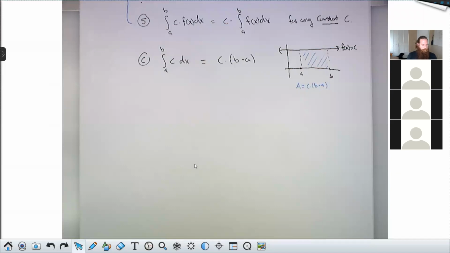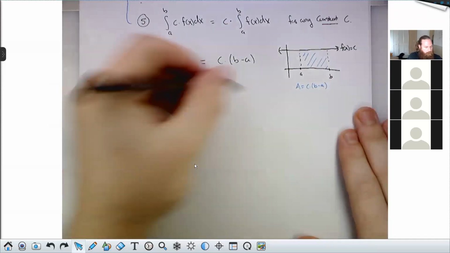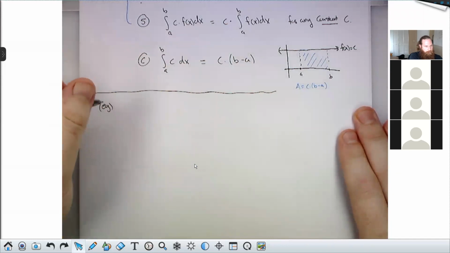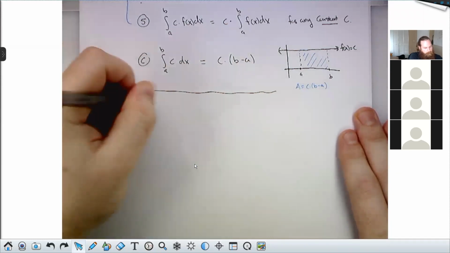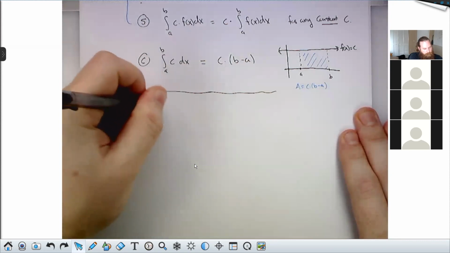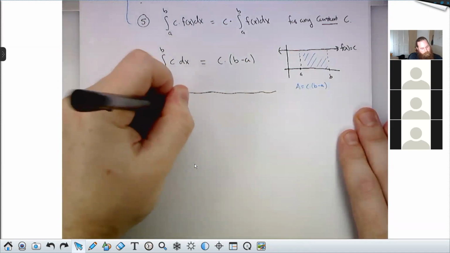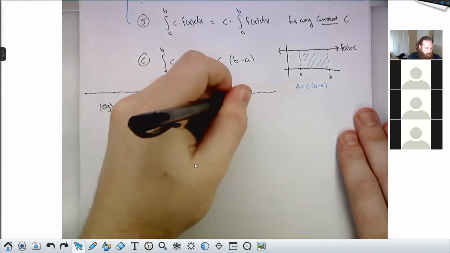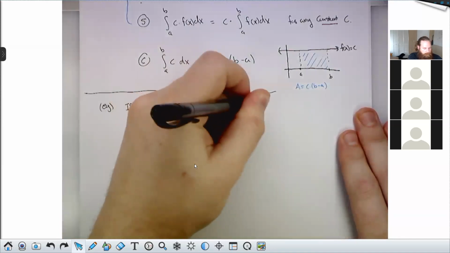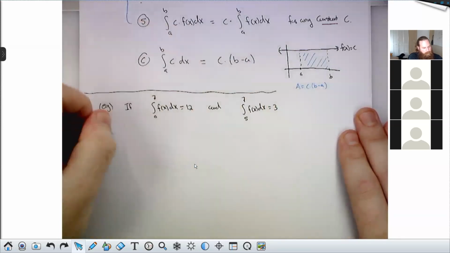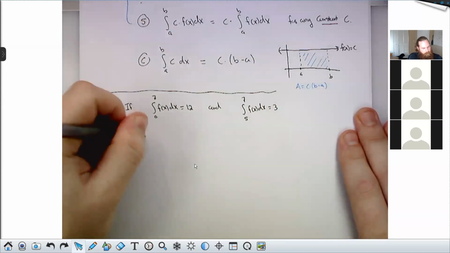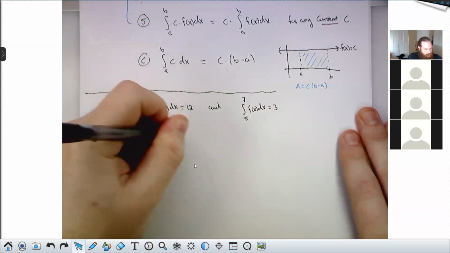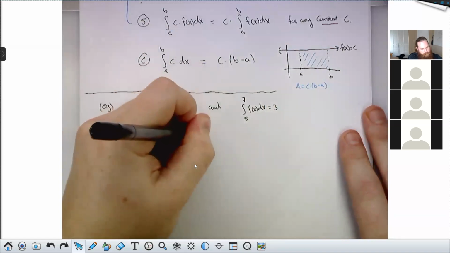We can use these to solve lots of problems. For example, if the integral from 0 to 7 of f of x dx is equal to 12, and the integral from 5 to 7 of f of x dx is equal to 3, then what is the integral from 0 to 5 of f of x dx equal to?